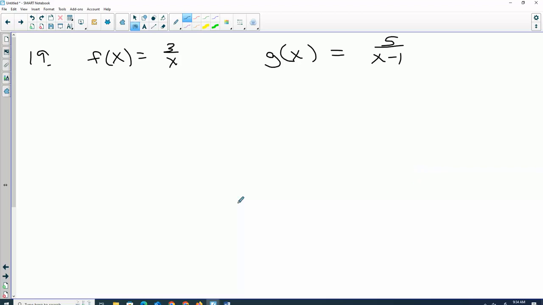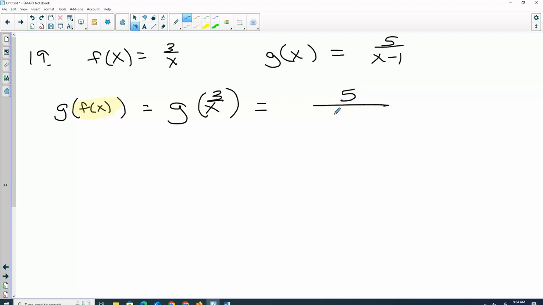In order to find this domain, we need the composition. G composed with F. So G of F of X. Start on the inside. F is 3 over X. I am putting that into function G. So 5 over 3 over X minus 1.